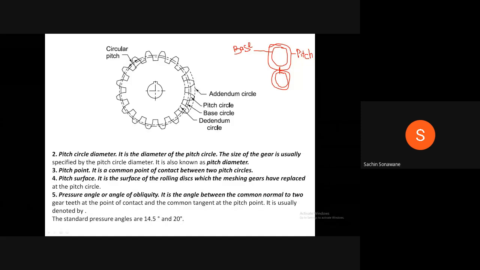It is the angle between the common normal to two gear teeth at the point of contact and the common tangent at the pitch point. First of all, I will draw the common tangent.